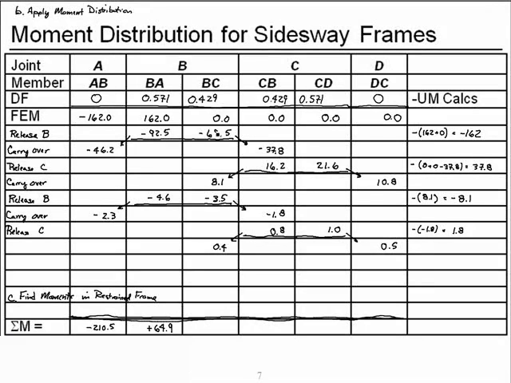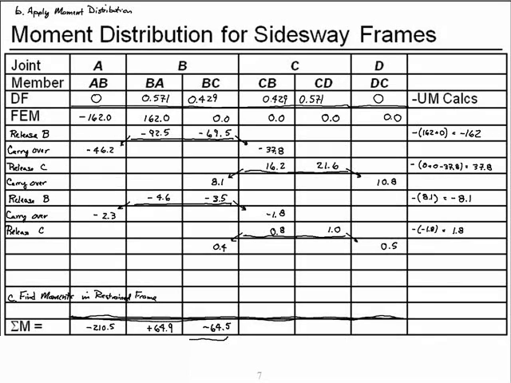We add up this column and get a negative 64.5 foot kips. Now, these are the only members framing into node B.